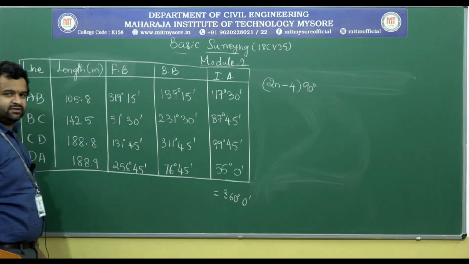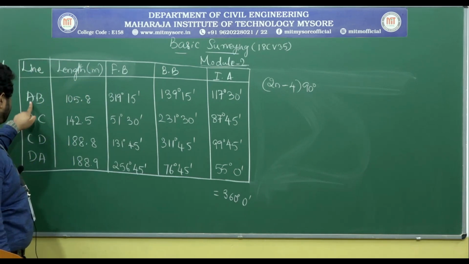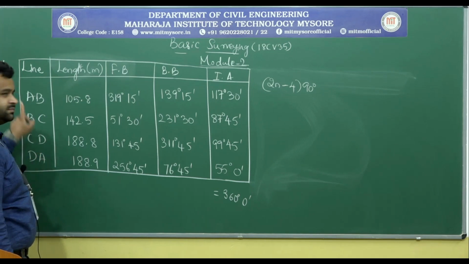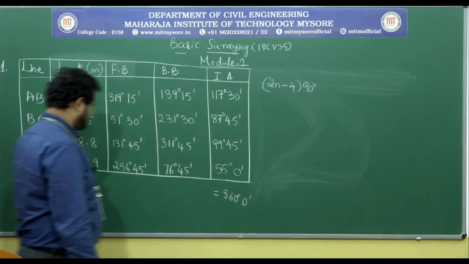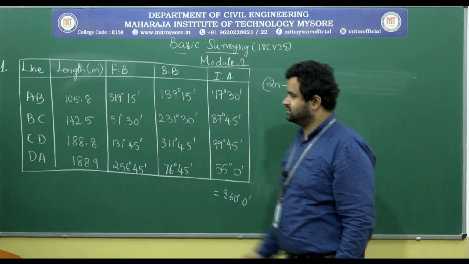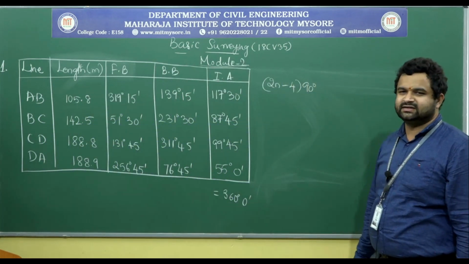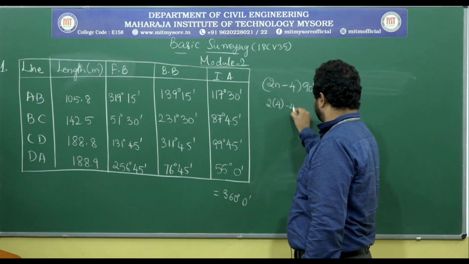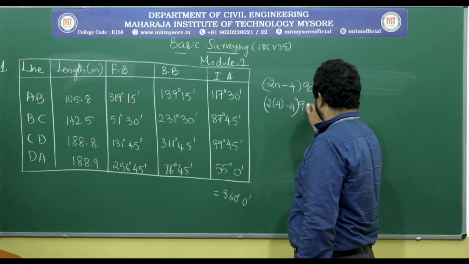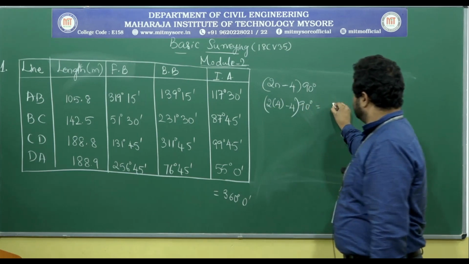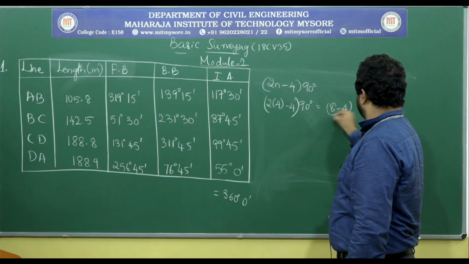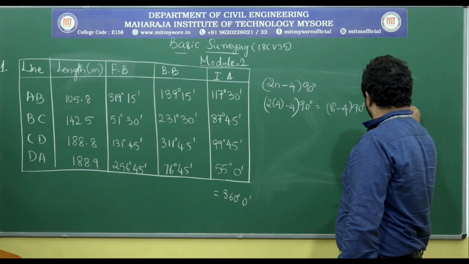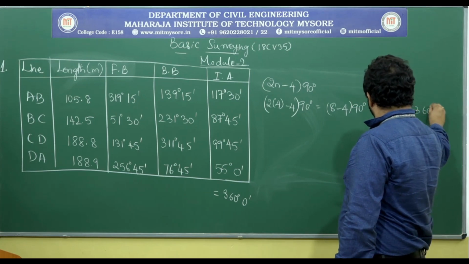How many sides do you have in this problem? If you observe A, B, C, D, again ending at A, or if you plot it, you can say there are totally 4 sides. That is (2 into 4 minus 4) into 90, that is (8 minus 4) into 90, that is 4 into 90, which is equal to 360 degrees.